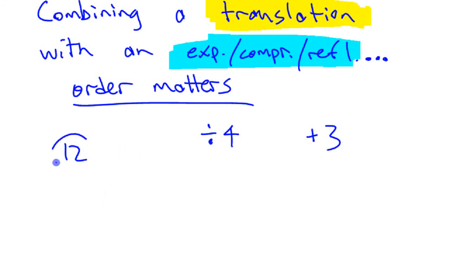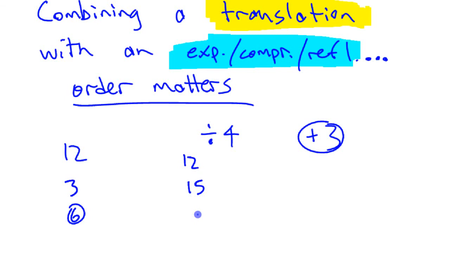If you take that number, 12, divide it by 4, you get 3, obviously. And then if you add 3 to that, you get 6. Whereas if you do it in the reverse order, you start with 12 but do this one first. You add 3, you get 15. If you divide by 4 there, what do you get? 3.75, right? You're dividing the chunk that you added as well.